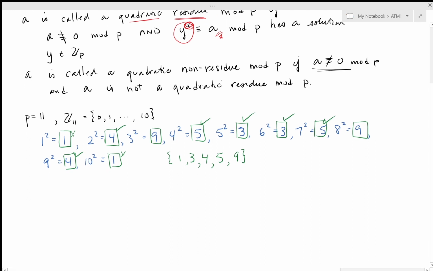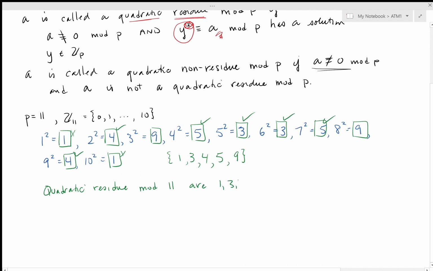And so what I'm now saying here is that the quadratic residues mod 11 are 1, 3, 4, 5, and 9. That means if I make an equation that looks like this, y squared equals 4 mod 11, I will be able to find a solution.